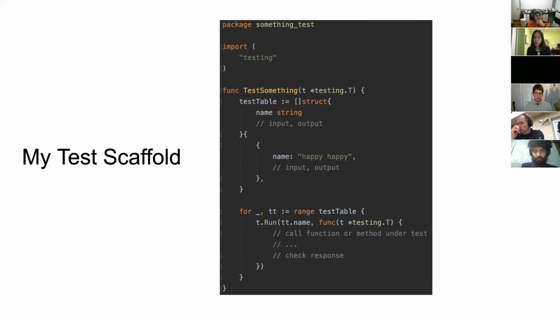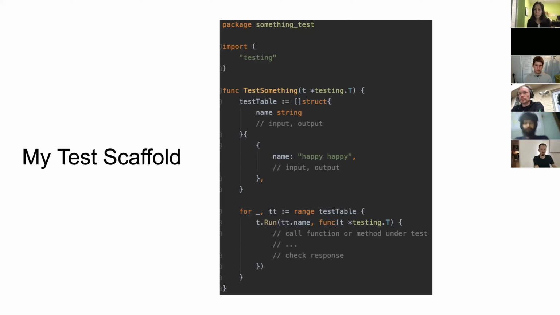We have one actual test function per function or method under test in your source code. And then inside there, you make a slice where you define the inputs and outputs. Those are all your subtests. And then at the bottom, you'll just range over that and actually run through each one to make sure everything's correct.